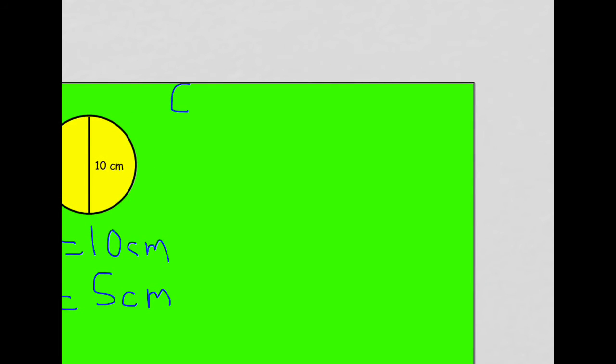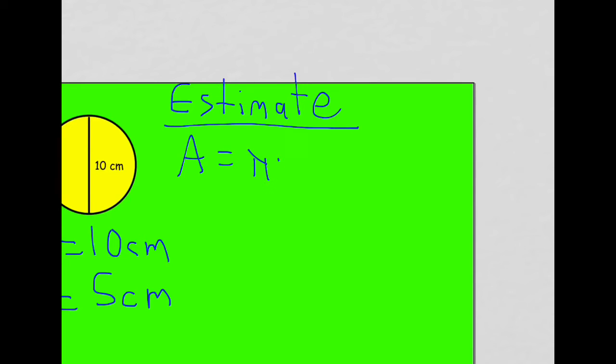And now we use our math equation. We will estimate first. So always start with your math equation. A equals pi times the radius squared. A equals, we're estimating, so we're going to round pi from 3.14 to 3, times the radius squared.